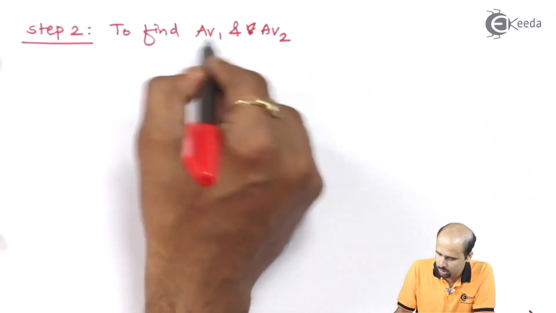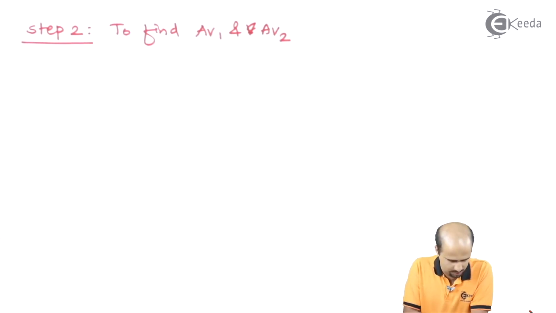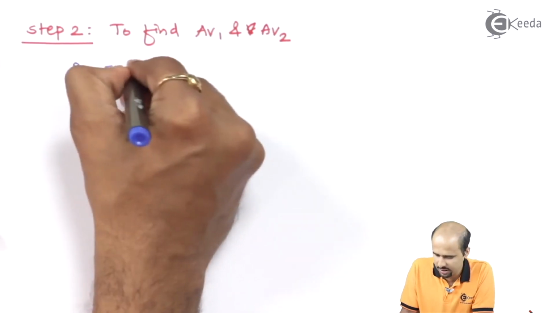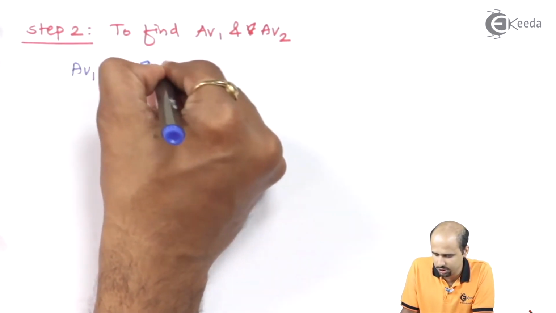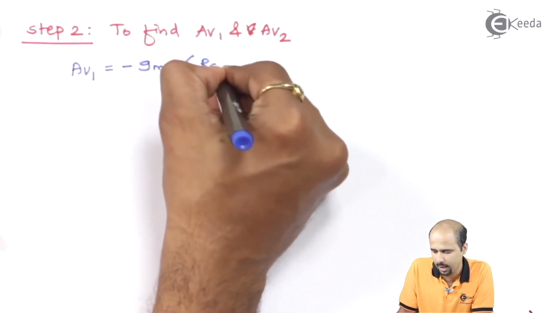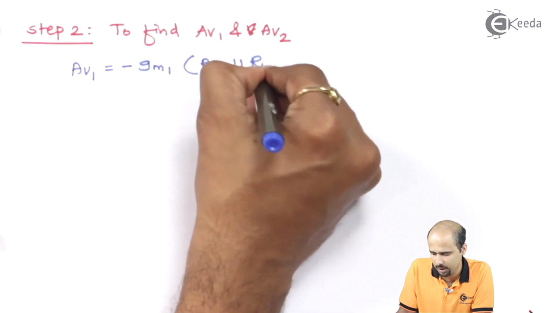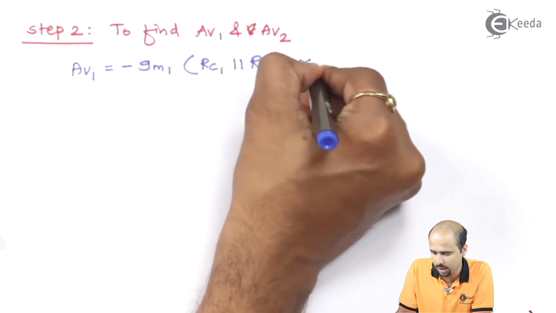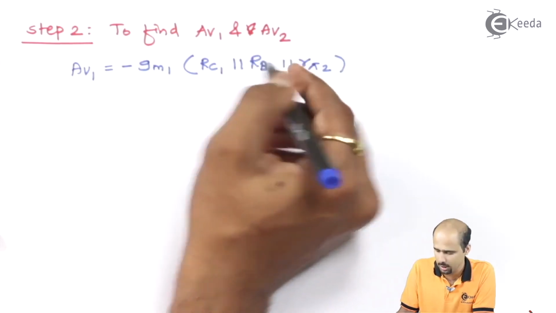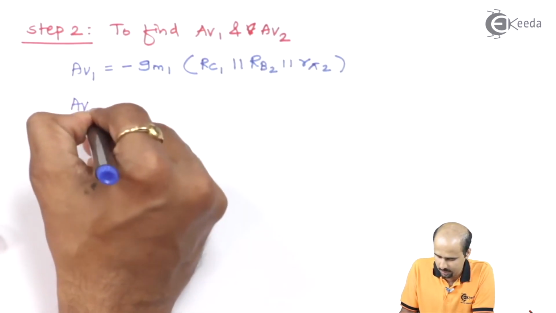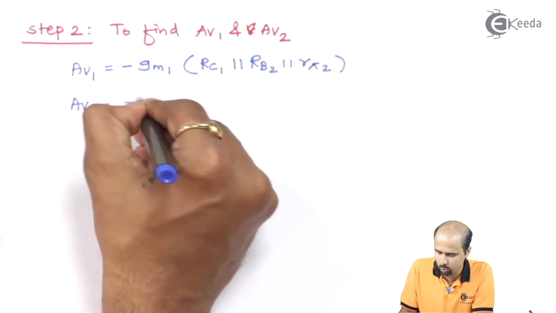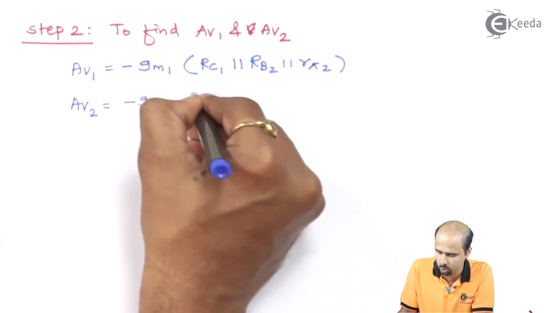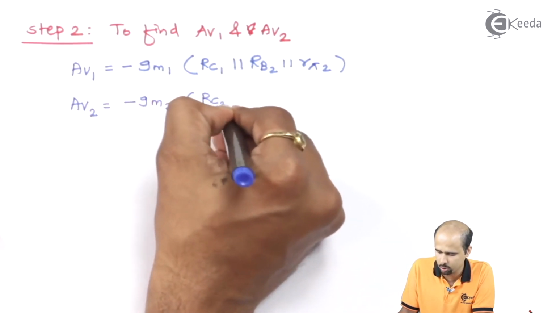Okay, so AV1 is equal to minus gm1 multiplied by RC1 in parallel with RB2 in parallel with rπ2. As far as AV2 is concerned, AV2 is minus gm2 into RC2.